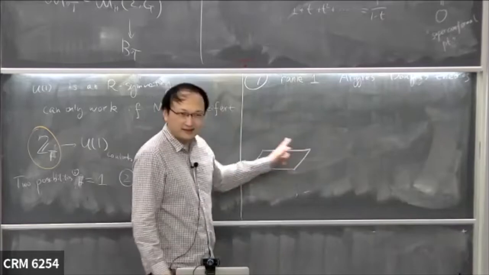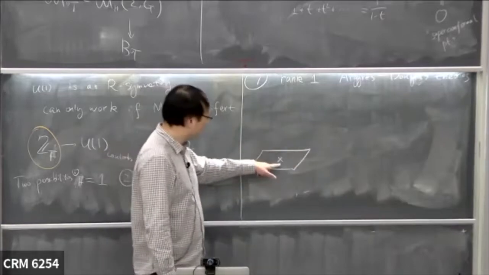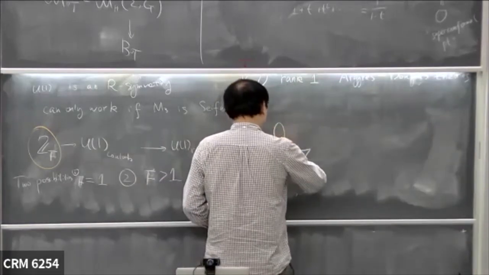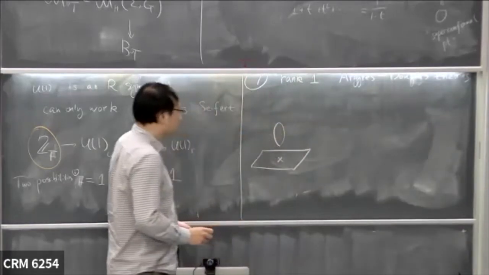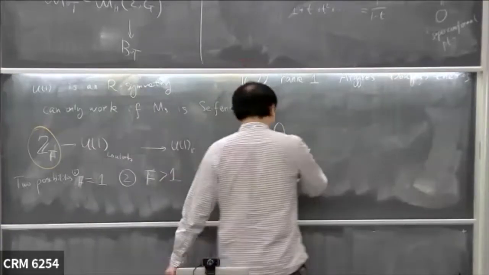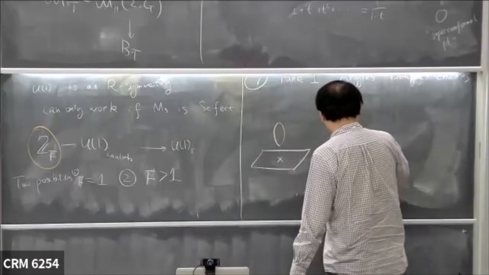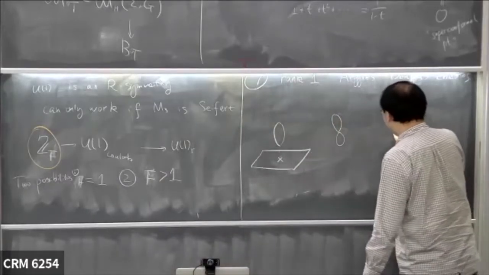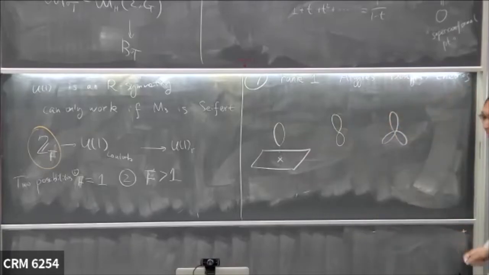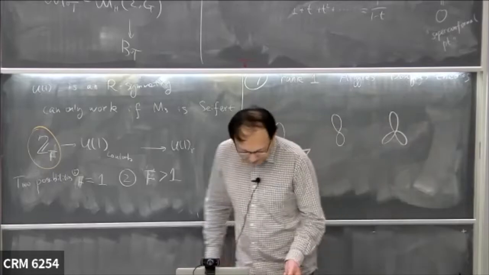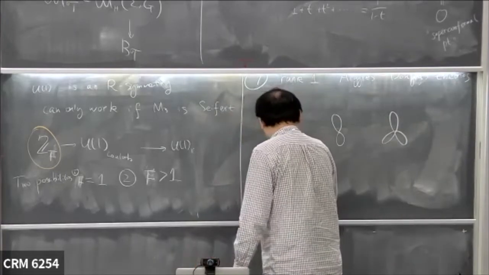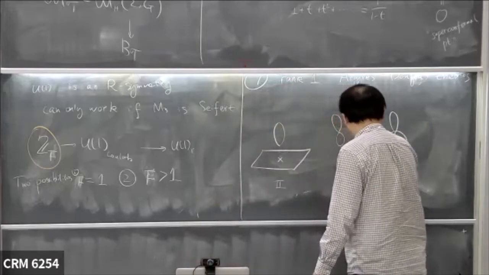So the base is again one-dimensional, and there's only one singularity. And then over that, you have some singular fiber. So in one case, it looks like this. In another case, it looks like this. In another case, it looks like this. And in Kodaira's classification, this one is type II, III, and IV.